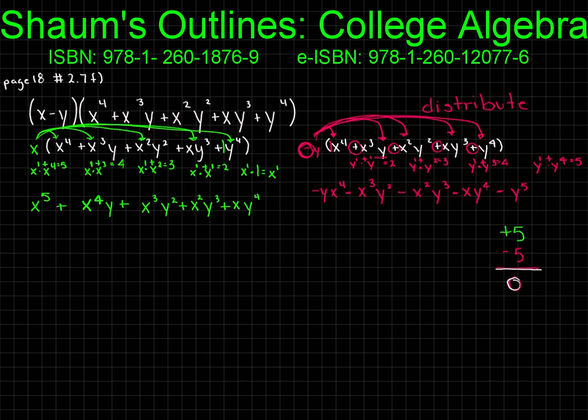Here I have positive x y to the fourth and then negative x y to the fourth, and those will go away. I have positive x cubed y squared and then negative x cubed y squared, and those will go away because they're turning into 0. I have positive x squared y cubed and then negative x squared y cubed, and those go away.